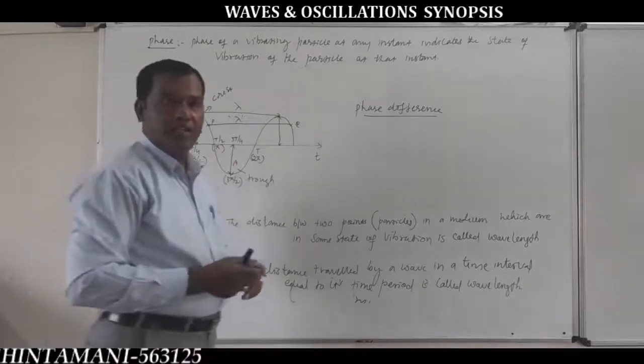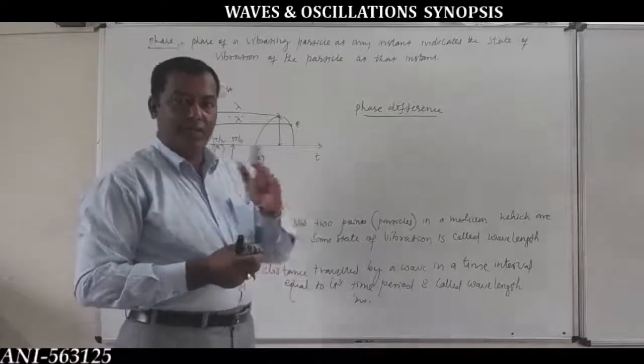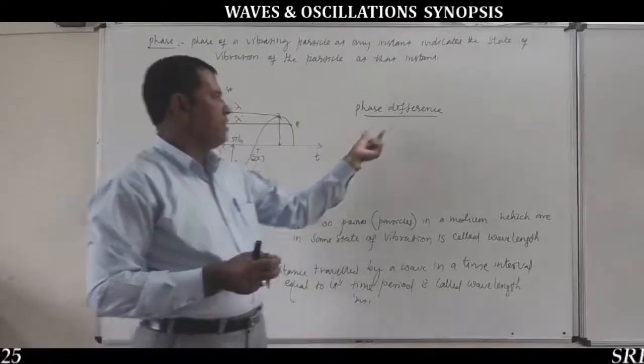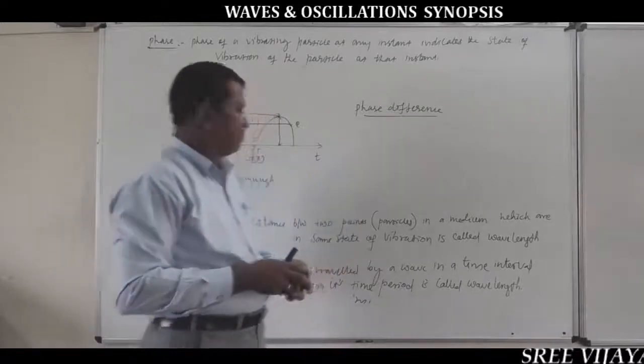In the sense, different particles are in different states of vibration. If two particles are in different states of vibration, or in different phase, then there exists a phase difference between those two particles.